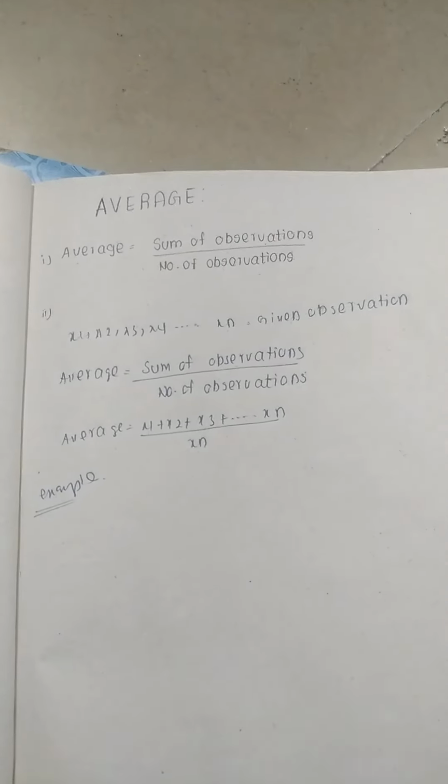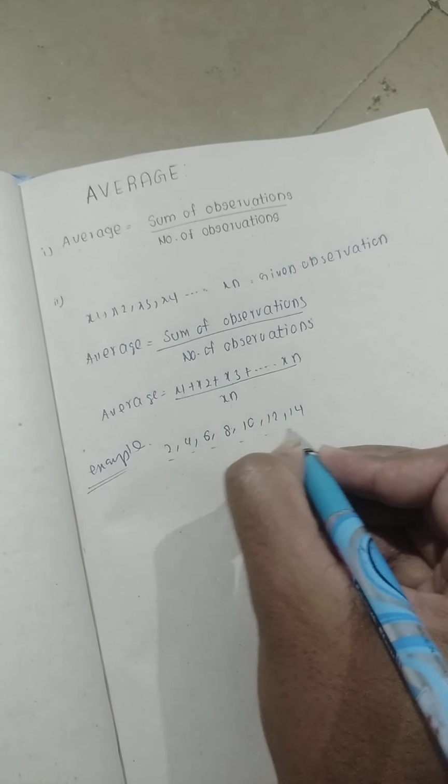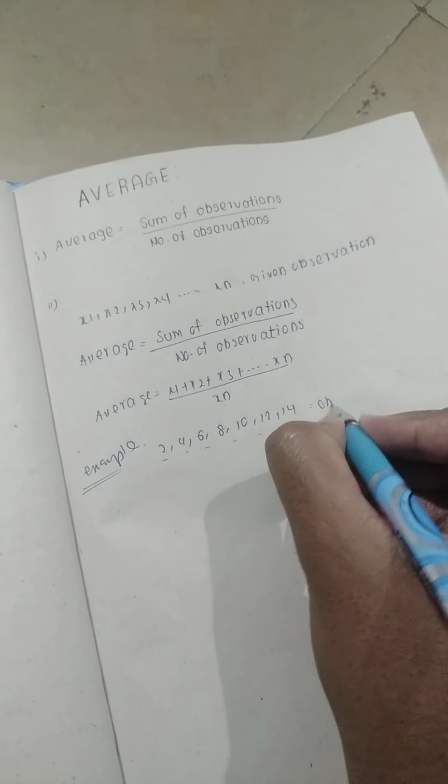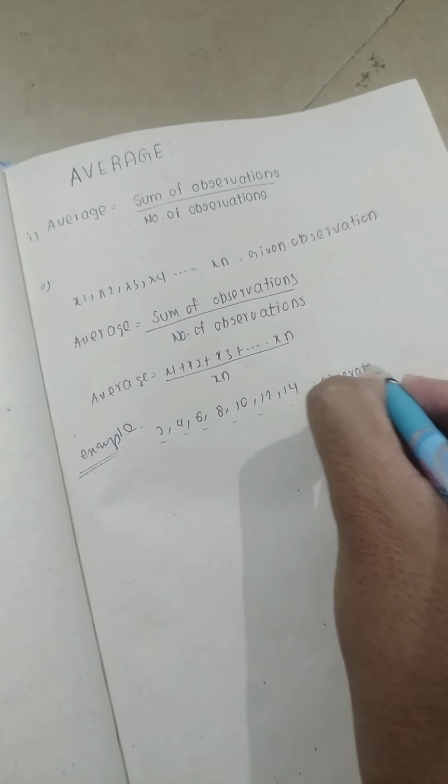Let us consider one example. Suppose 2, 4, 6, 8, 10, 12, 14. There are 7 observations. Then what is the average of these 7 observations?